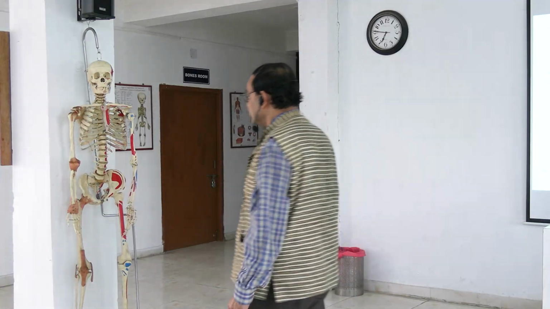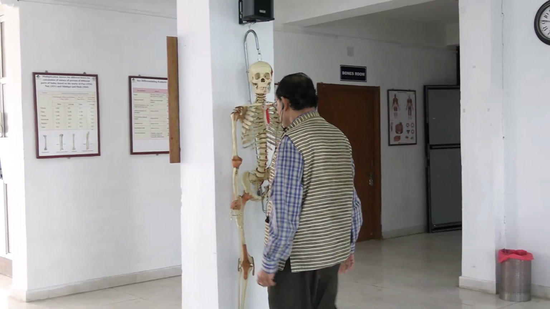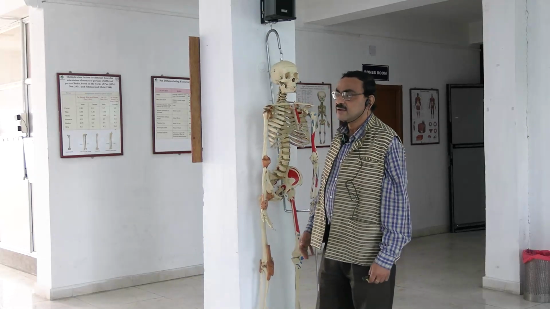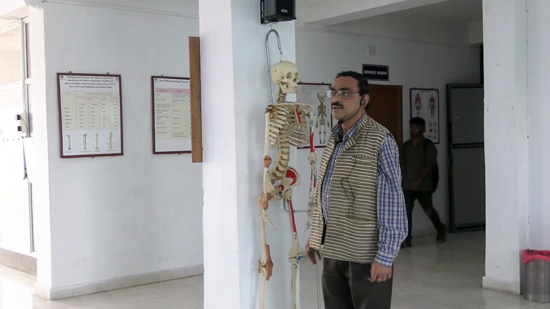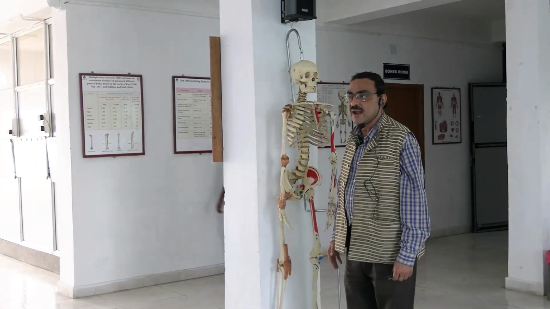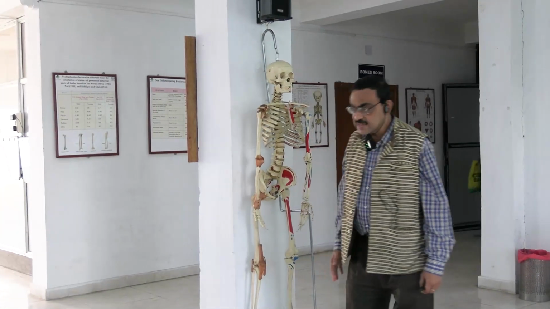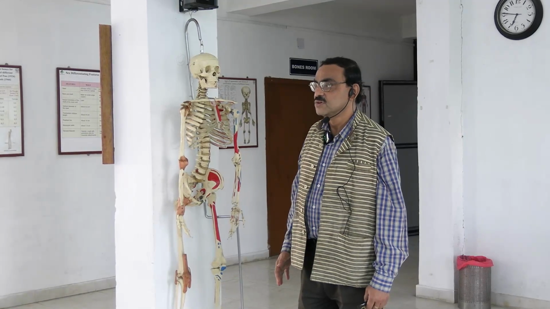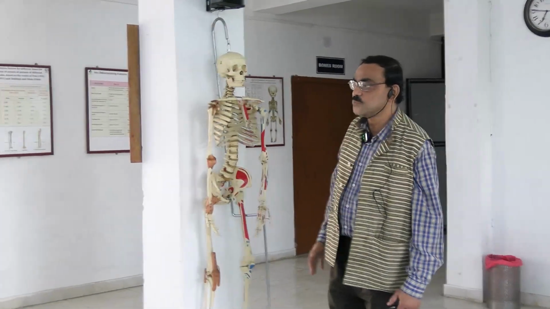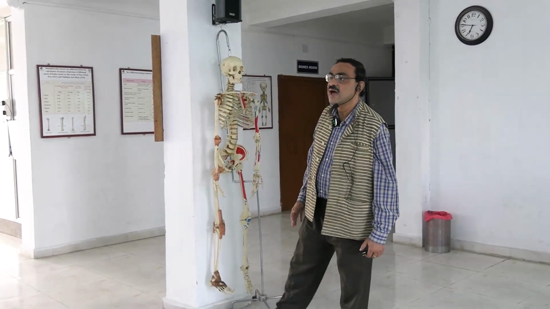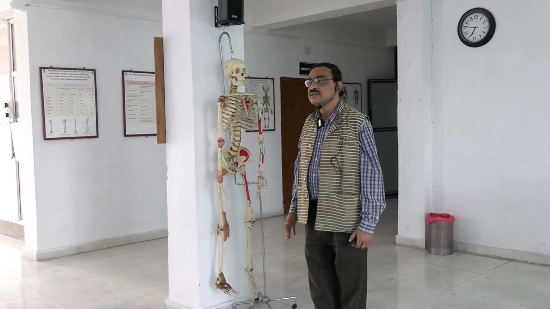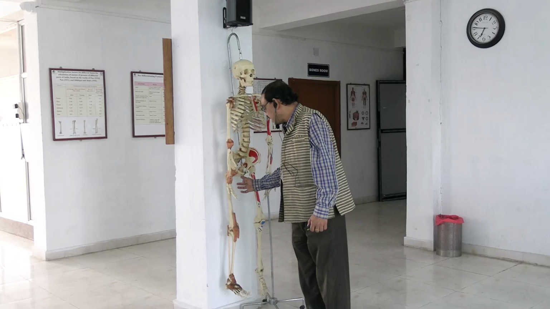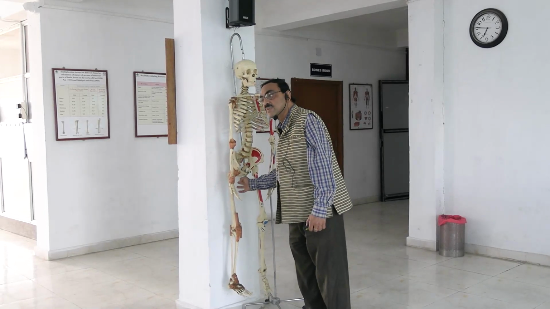And another group of muscles which are meant for the adduction of the limb, adduction of the thigh. This is the abduction and this is the adduction. So, some group of muscles causes abduction and some group of muscles causes adduction, and they are placed medially.